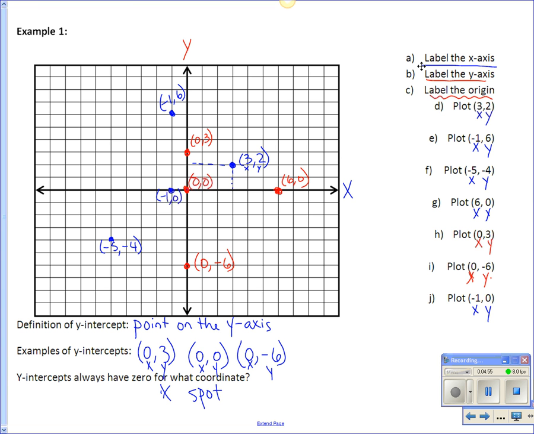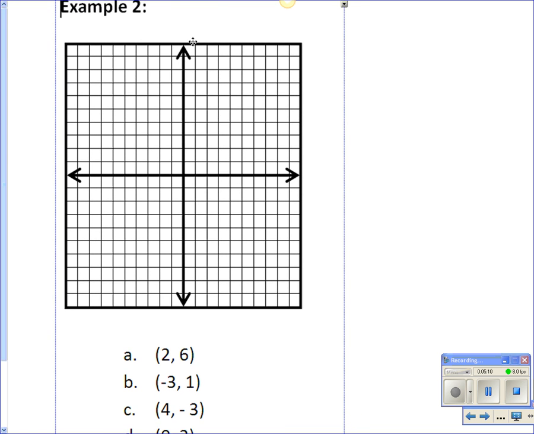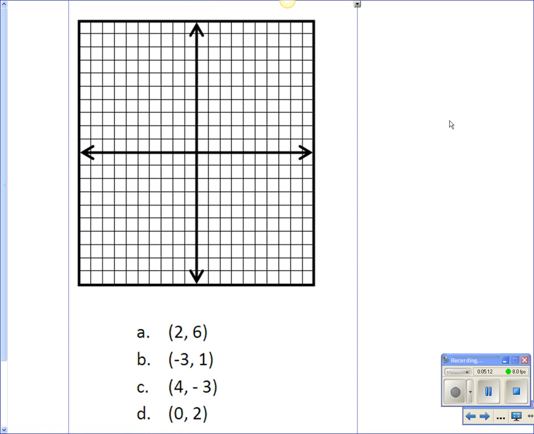Okay, if you need more time to write this down, then press pause, but we're going on to example number 2. All right, example number 2 has you label 4 points.